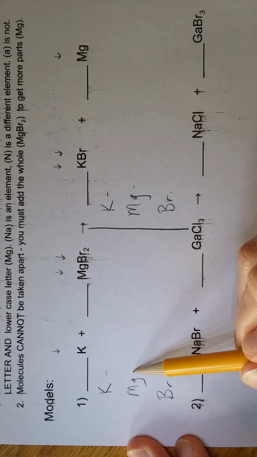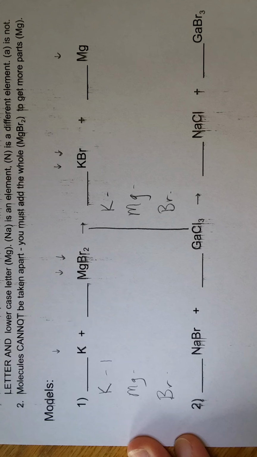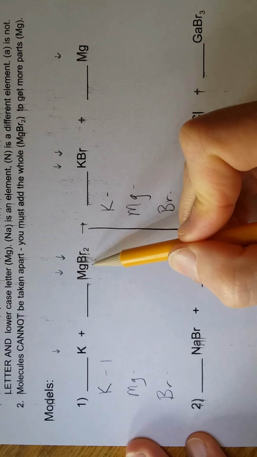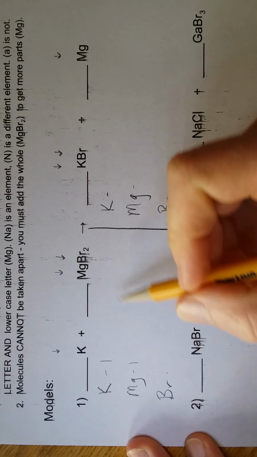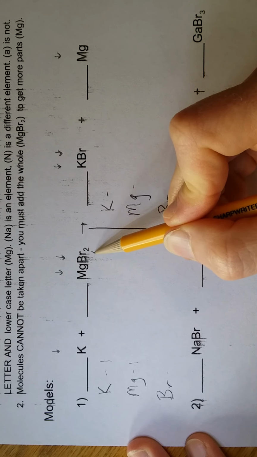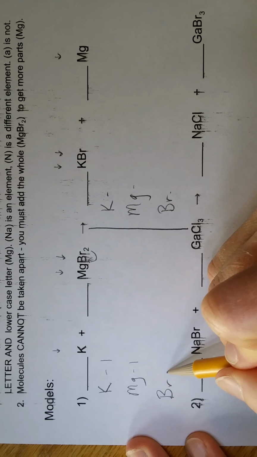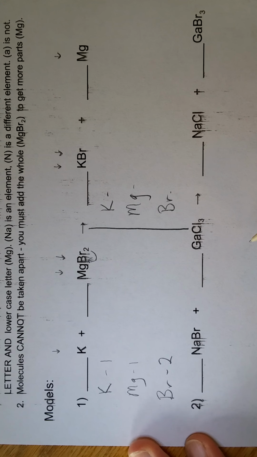So as it is right now, we have one potassium as a reactant. Taking a look at this, there's only one magnesium in this molecule. So we've got one here. And Br2 indicates that there are two bromine in this molecule. So on this side, to start the reaction, we actually have two atoms of bromine.